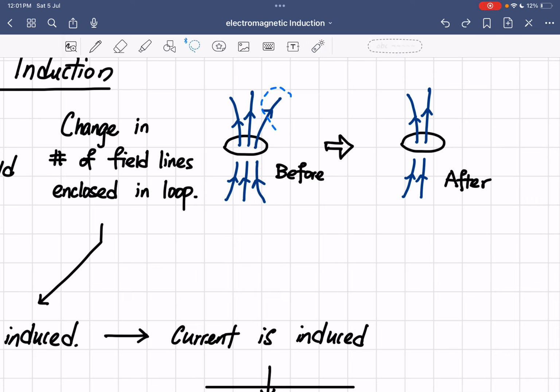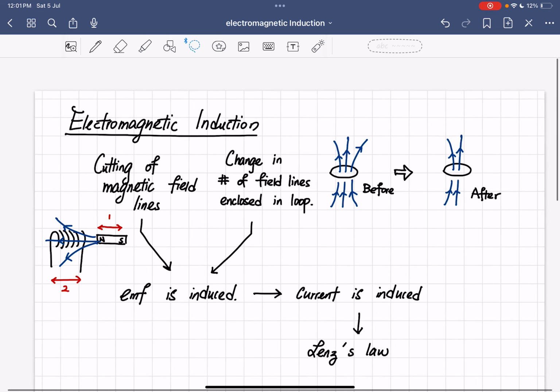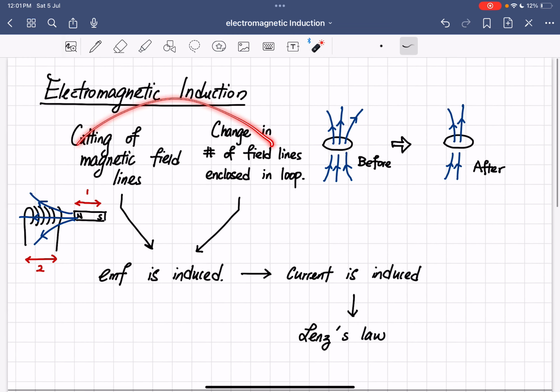You can only move these field lines away, so that the field lines are separated from each other, in the case of, let's say, a weakening magnetic field. So when you turn a before to after, reducing the number of field lines in the loop, during this process you must have field lines cutting the loop. So there must be a cutting of magnetic field lines. You can see these two are actually related.